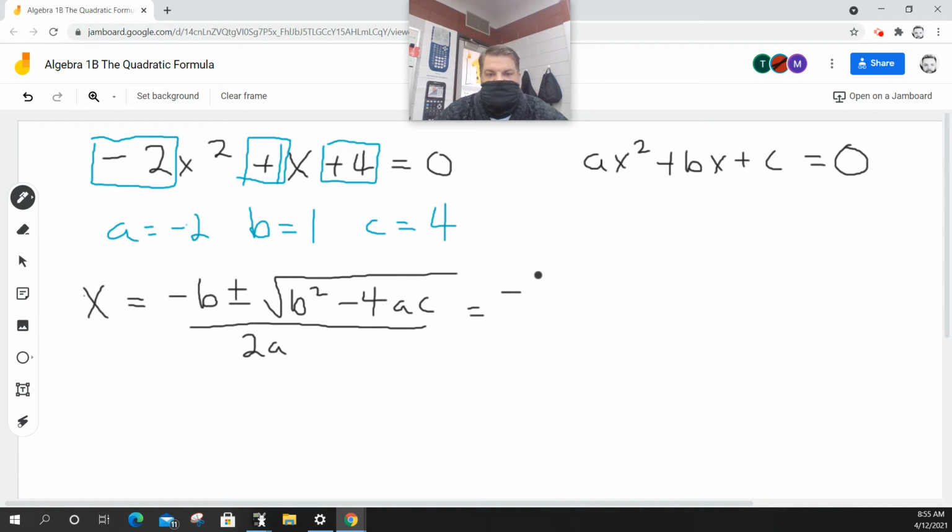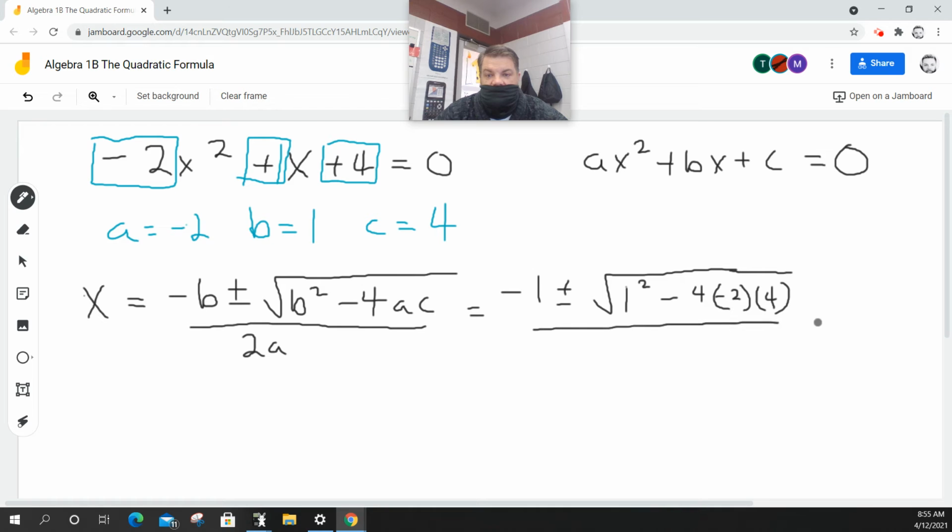So then -1 plus or minus the square root of b, which is 1 squared, minus 4 times a, which is -2, times c, which is 4, all over 2 times 1, which is 2.